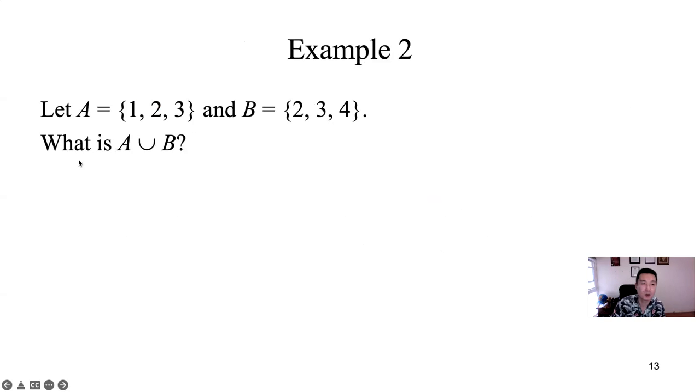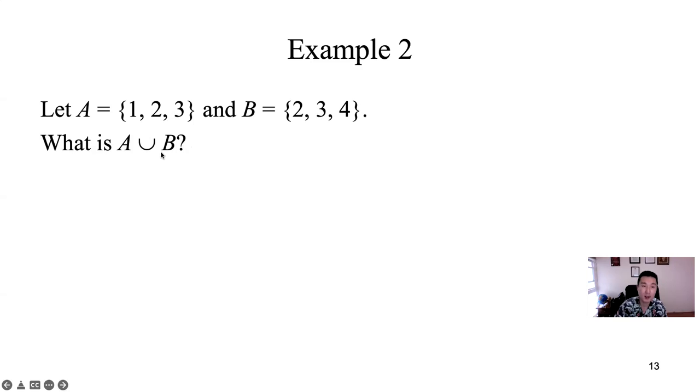So for these two events, what is A or B? For this example, event A has 1, 2, 3, and event B has 2, 3, and 4. So event A or B will be 1, 2, 3, and 4. Do not write 2 twice, and do not write 3 twice.